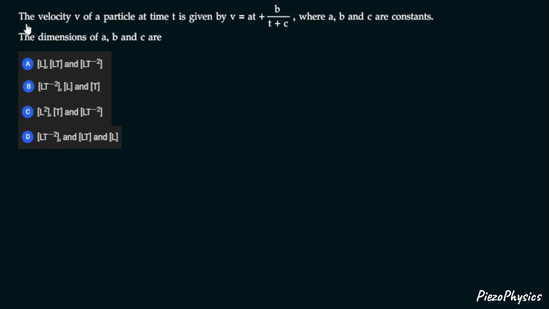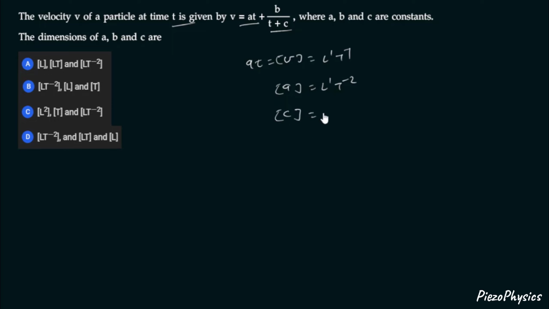The next question is: the velocity v of a particle at time t is given by v equals at plus b divided by t plus c, where a, b and c are constants. The dimensions of a, b and c are? This question we have solved in an earlier video, from where we can say that the dimensions of v and at should be the same. So A into T will be equal to the dimension of V, which is L1 T minus 1. So the dimension of A will be L1 T minus 2.